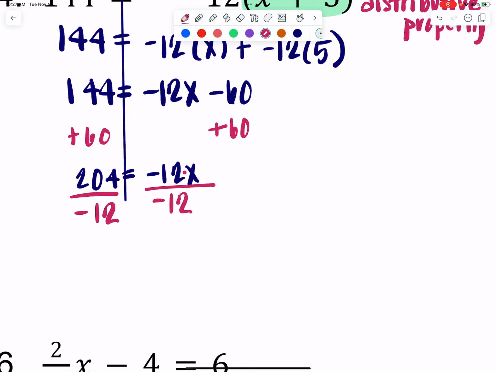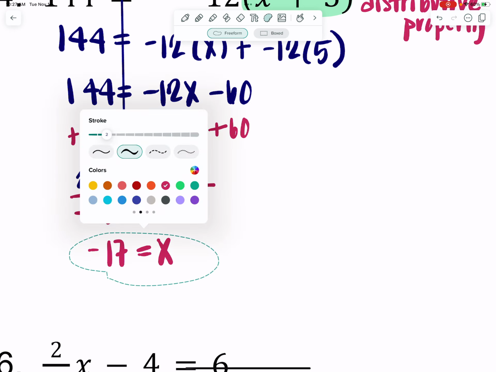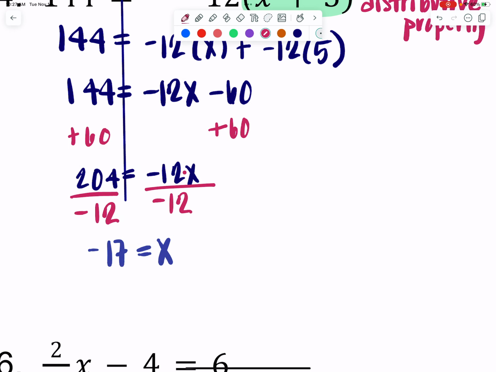And I'm not going to lie, I do not have 204 divided by 12 memorized. That's 17. You have everybody isolated. Well, you have the one you want isolated anyway. X is by itself, x is positive, and it happens that x is equal to negative 17.